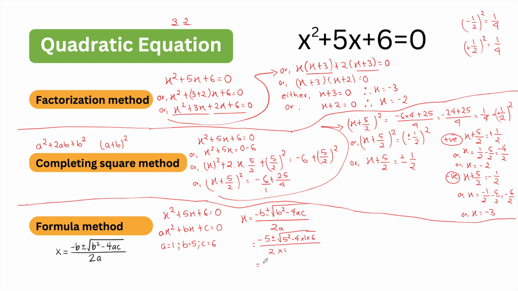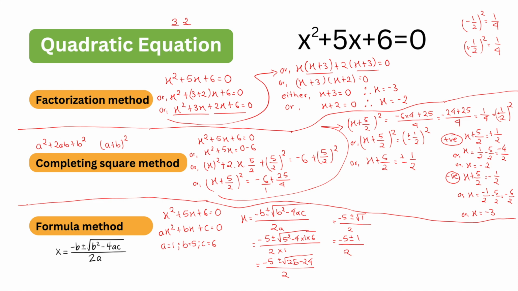So let's solve. Minus 5 plus minus root under 25 minus 24 upon 2, which is equal to minus 5 plus minus root 1 upon 2, which is equal to minus 5 plus minus 1 upon 2.